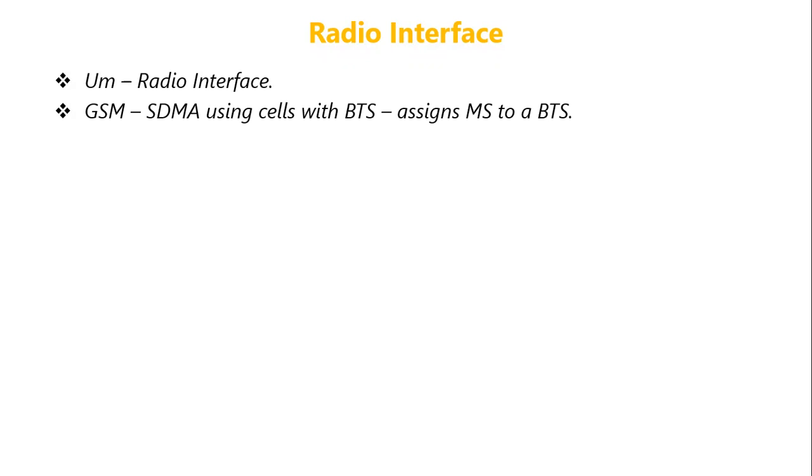That is, the mobile stations are assigned to a base transceiver station. And frequency division duplexing, FDD, is used to separate downlink and uplink.